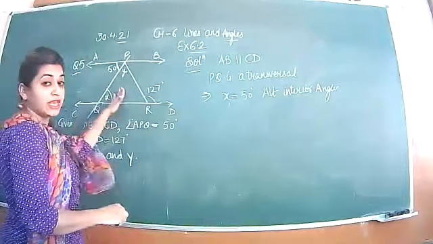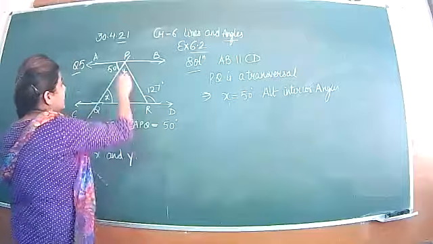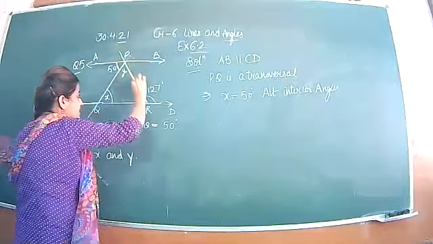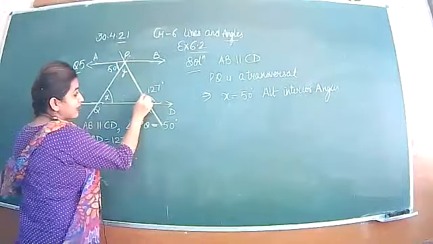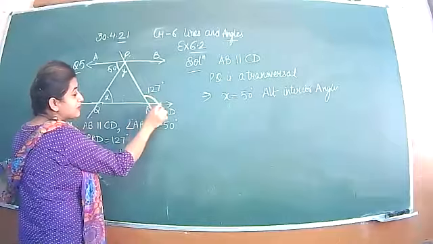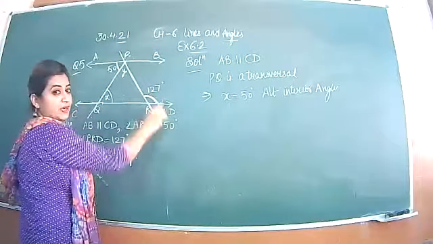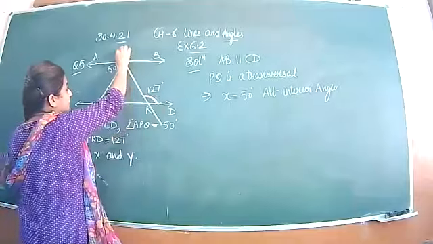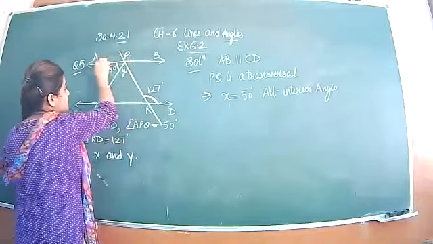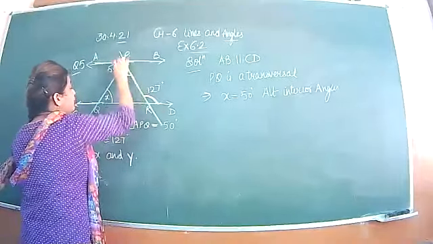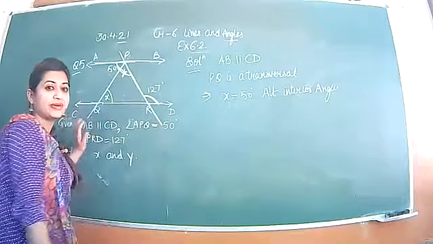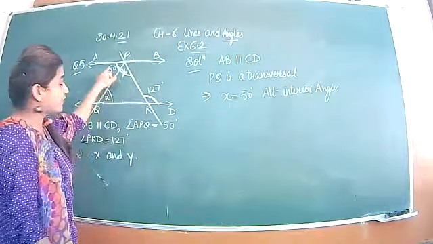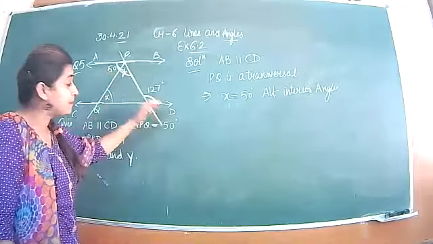Now, if you check for the y, this line is a transversal and the angle 127 that lies between the parallel line and transversal is 127. And in the same manner, this is a transversal, this is a parallel line. So angle 50 plus y is equal to 127. This complete angle 50 plus y is equal to 127.